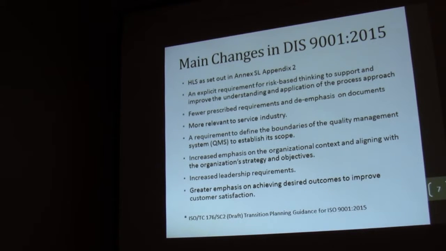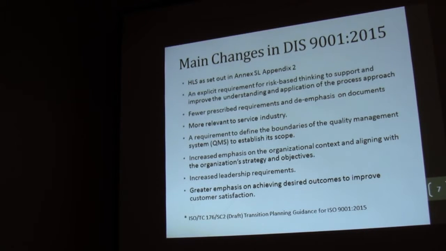Increased leadership requirements. The leadership is responsible for the effectiveness of the quality management system. And they can't be passing the buck anymore. There is in the requirements, in the leadership section, the top management shall give responsibility and authority to someone or some people, and there's 5 items that are in the requirements for that.